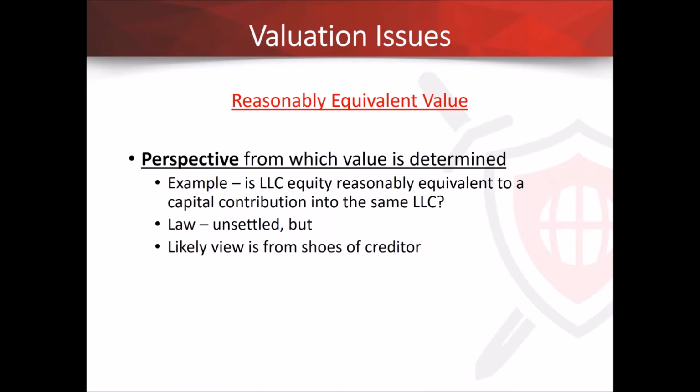So if you are a creditor, it's basically a way of tipping the scales to prove that, hey, this guy transferred this out. He may have gotten an entity, part of an entity that he funded, but I can't reach it. So I can prove to you that he didn't receive back reasonably equivalent value because the value doesn't count, and he became insolvent because all of those assets are not counted in the solvency determination.